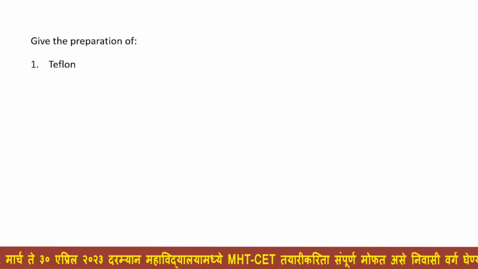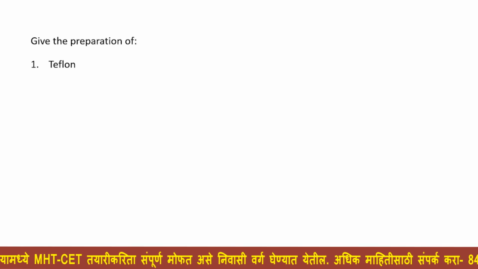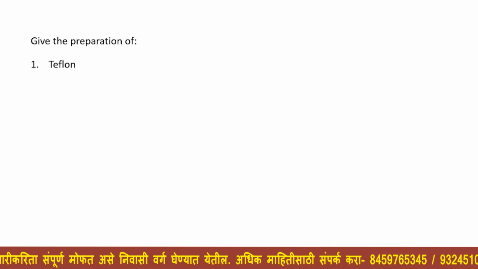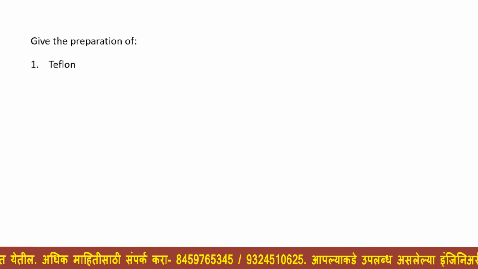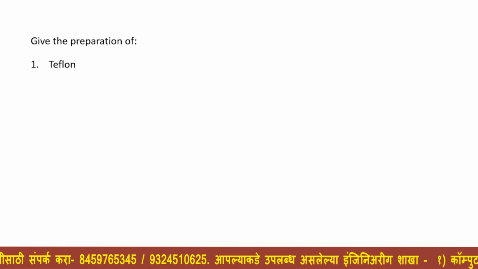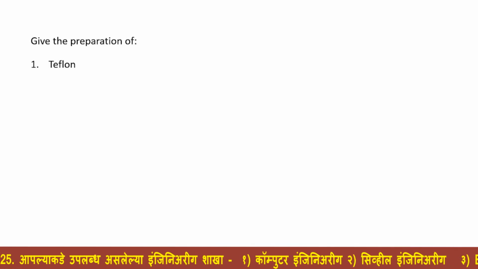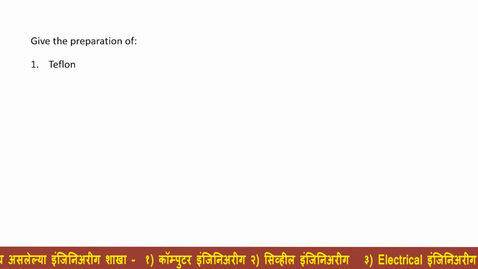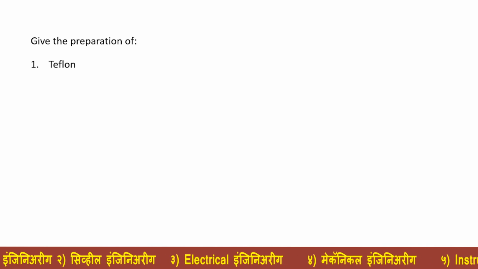Teflon, if you remember, is chemically polytetrafluoroethylene. The monomer used in the preparation of Teflon is of course tetrafluoroethylene. You remember the structure of ethylene? A similar structure except the hydrogens were replaced with fluorine, which is a gas at room temperature.